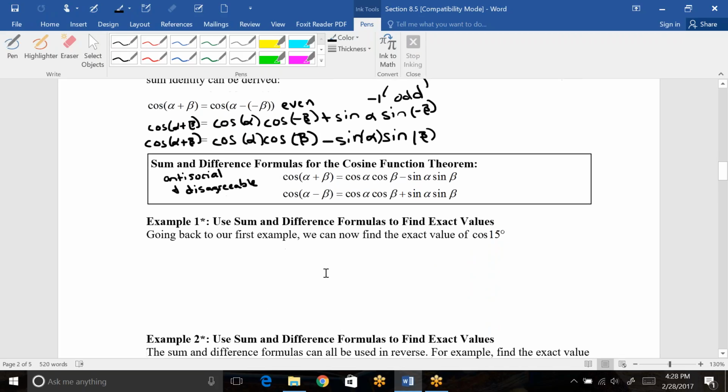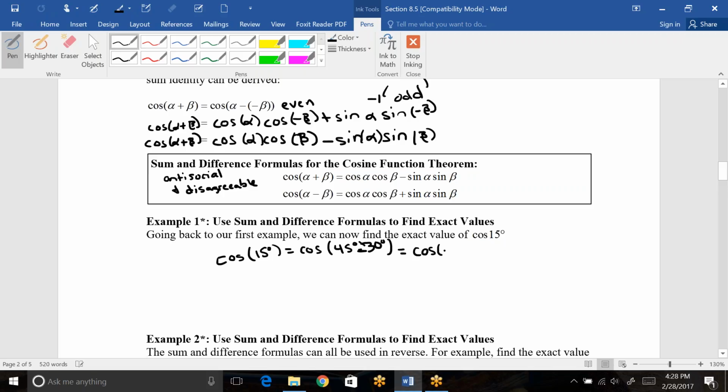So that will kind of help you memorize that formula. So now we can go back and actually find what is cosine of 15 degrees without using a calculator. So cosine of 15 degrees, we would say is cosine of 45 degrees minus 30 degrees. Now we would write this out using our formula.